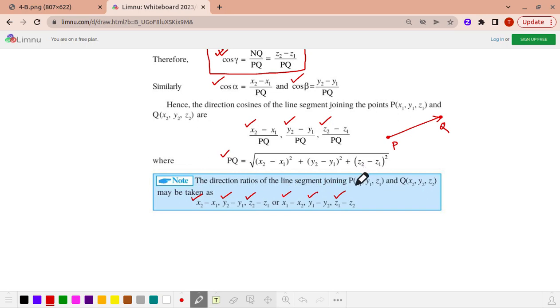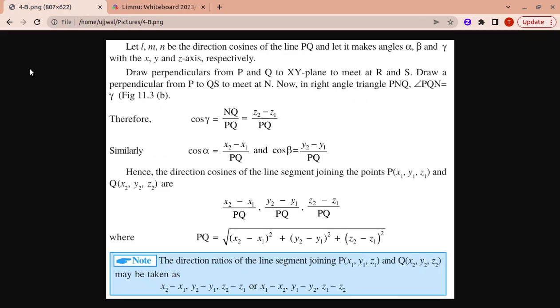Direction ratios of the line segment joining P and Q, when it is directed from P to Q, are x2 minus x1, y2 minus y1, z2 minus z1. When it is directed from Q to P, they are x1 minus x2, y1 minus y2, z1 minus z2. I hope you got a very clear idea.